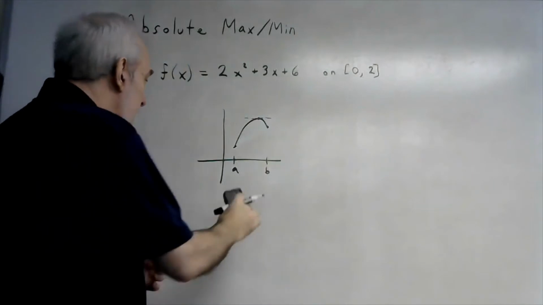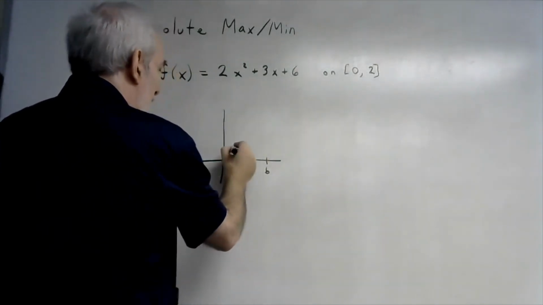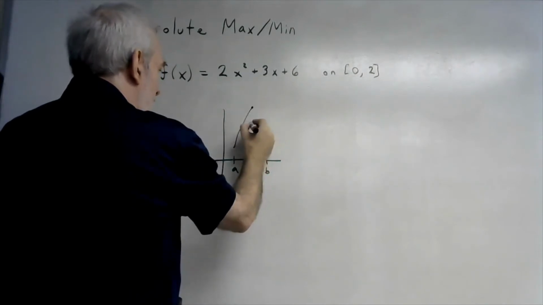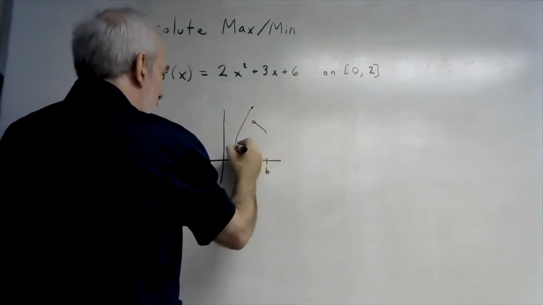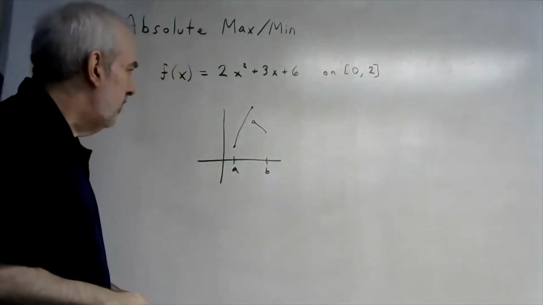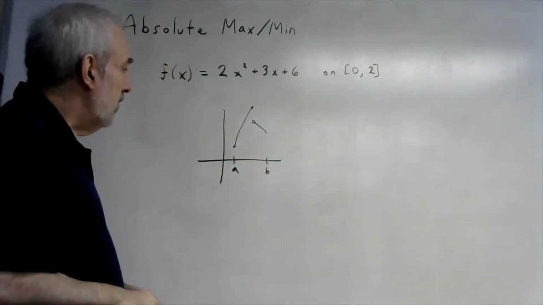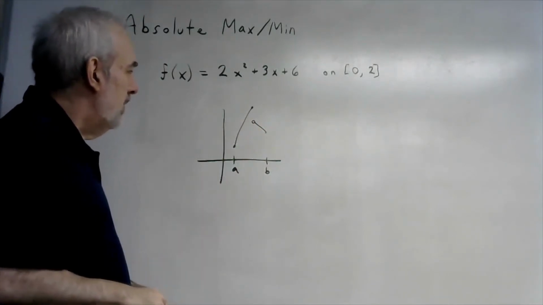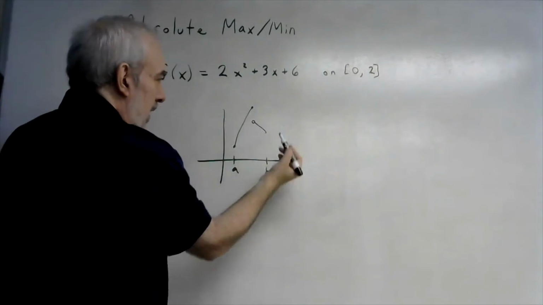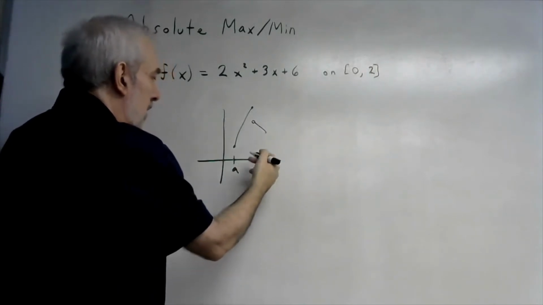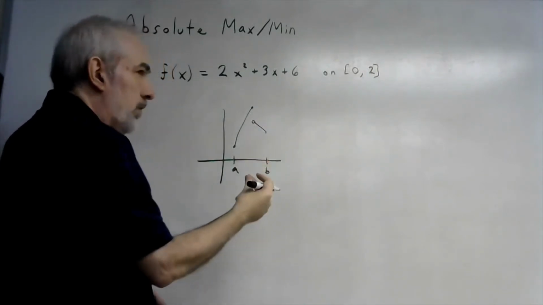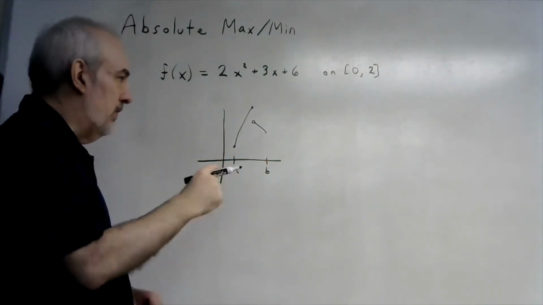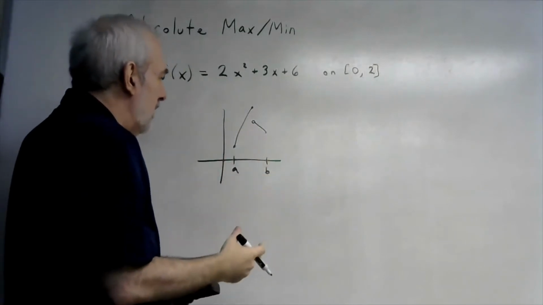But if the function was not continuous, so if the function did something like this, then technically speaking, that is a critical point because the point exists right there, and the derivative is undefined because it makes a jump discontinuity.